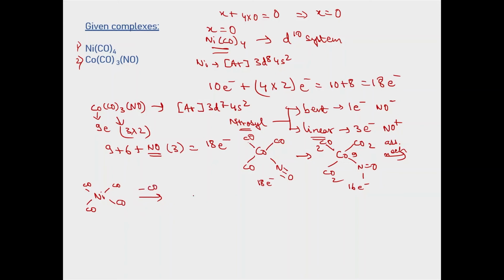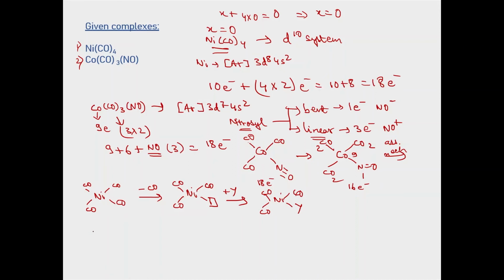So first one CO will leave, making an empty space, and now one incoming ligand, let's say Y, will attack this complex and nickel, CO, CO, CO, and Y, this ligand substituted product will form.